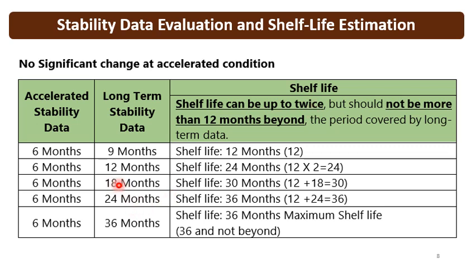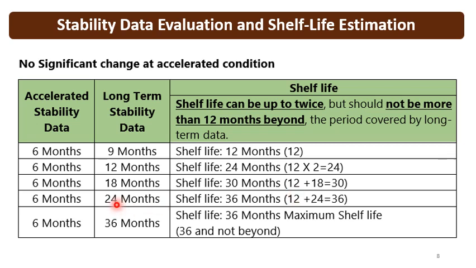So if you twice this 18 months, it will go 36 months, and it cannot be more than the 12 months beyond. So it cannot be twice of the 18. Now it is 12 plus 18 is equal to 30 months.